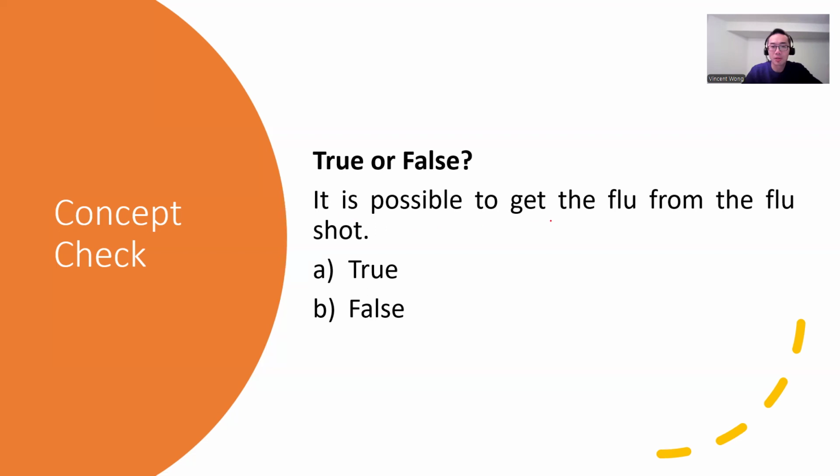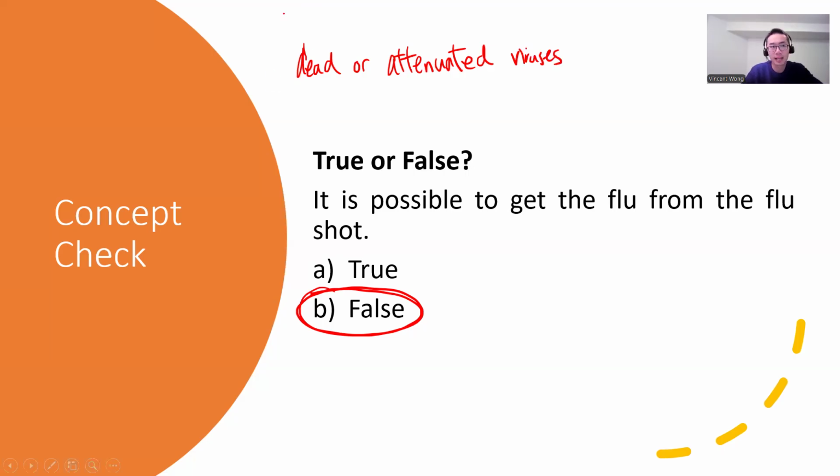It is possible to get the flu from the flu shot? This is not true. This is false. A flu shot and many other vaccines either contain dead or attenuated viruses in them.